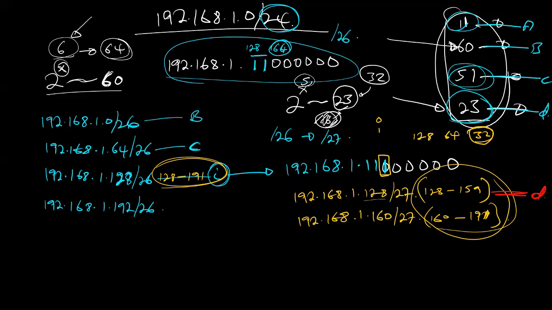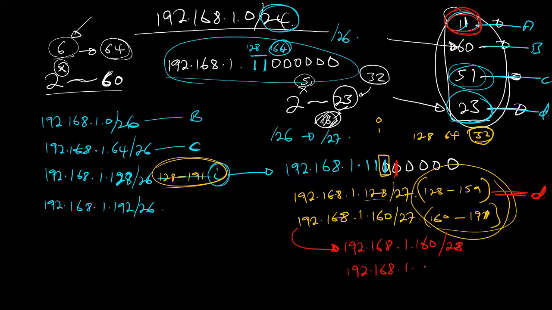And because network A, 32 is still too big for A, we are going to subnet this again. We shall take 1 more bit, making 2 networks, 192.168.1.160/28 now. Are we together? Yes. And 192.168.1.